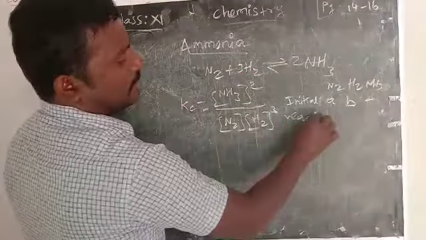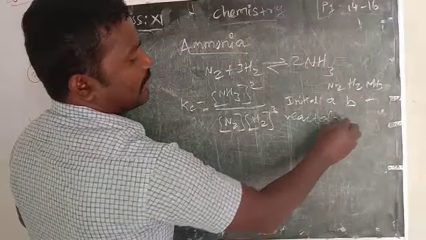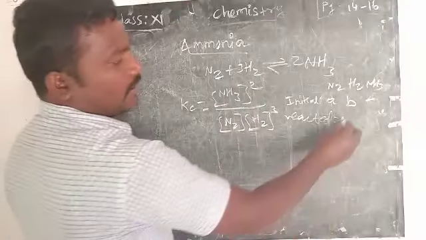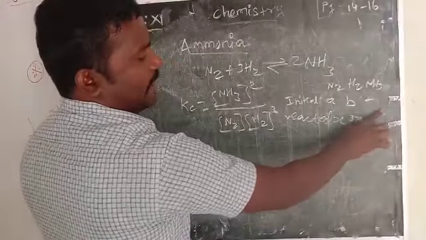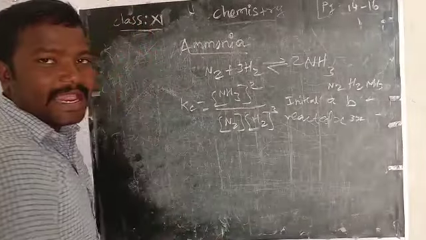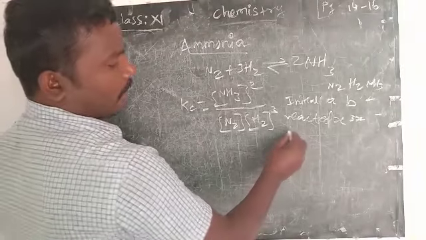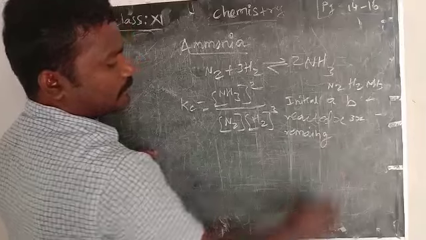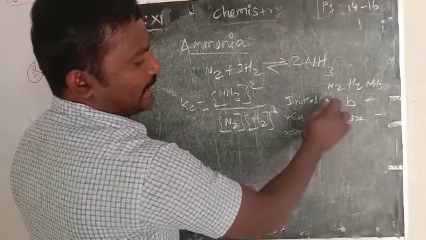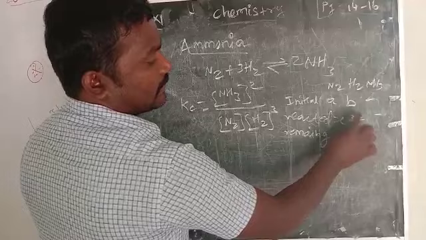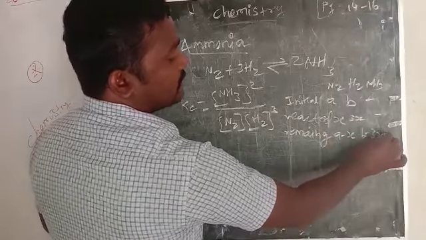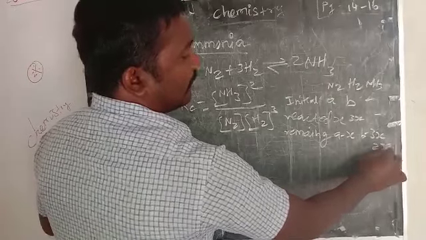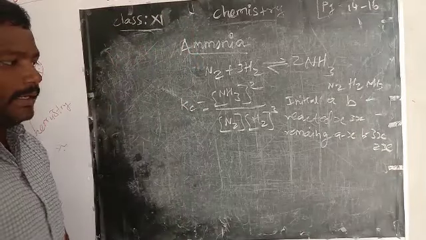Then reacted, as usual, how much reacted? x for N2, but 3 moles of hydrogen is taken, so 3x, and ammonia will not react anything. Then remaining: a minus x, here b minus 3x, but 2x will form in the ammonia, right?